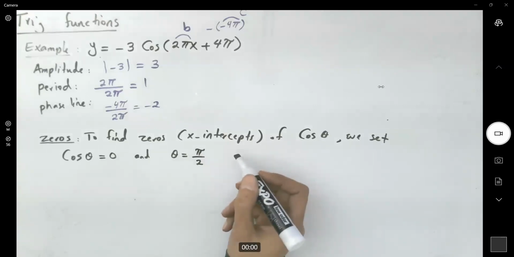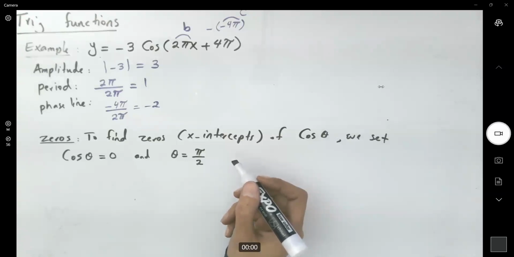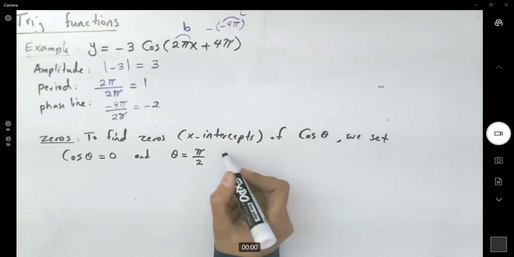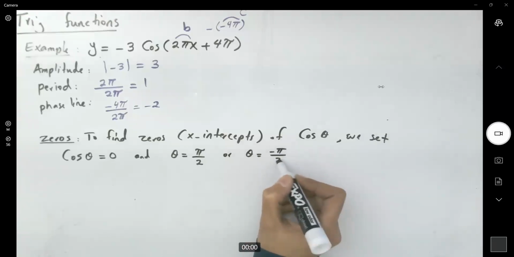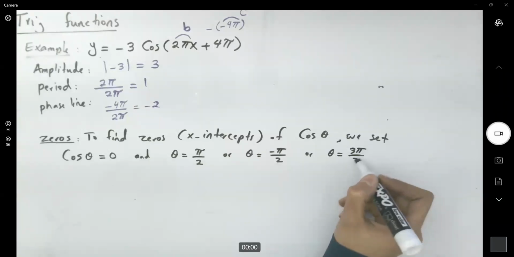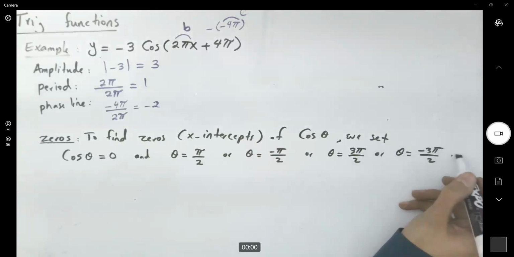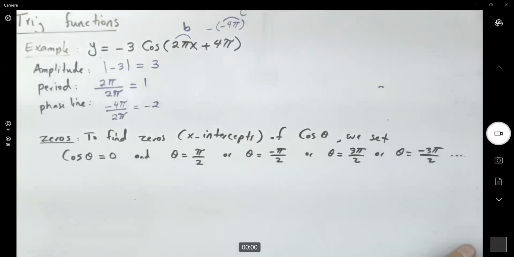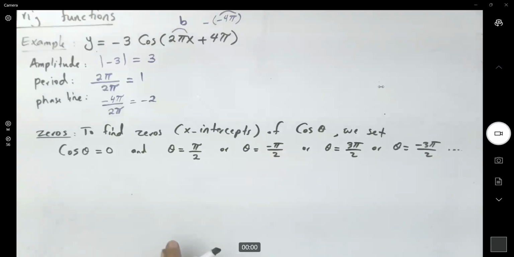That angle might be negative pi over 2, 3 pi over 2, negative 3 pi over 2, and so on. And you can continue this process, and eventually you can find a pattern and list all of the zeros.